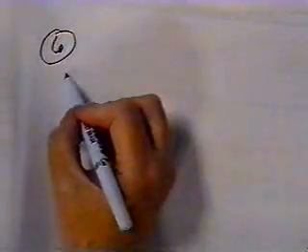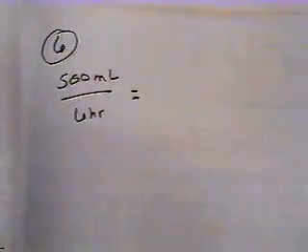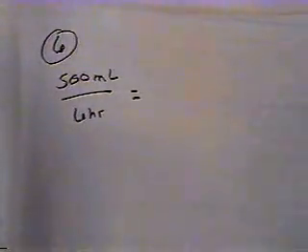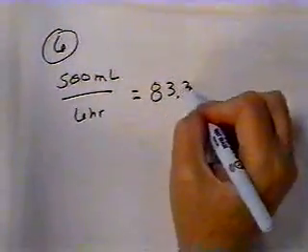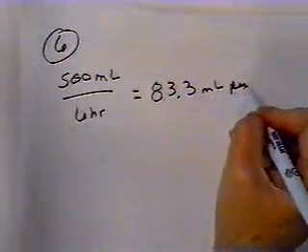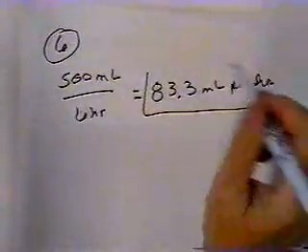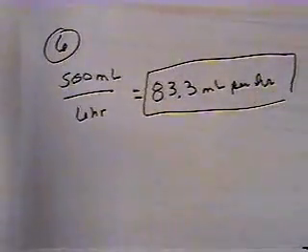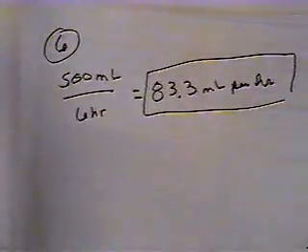Number 6 says 5% dextrose in water. This is labeled D5W, but that's just telling you what you're giving. This is just sugar water. 500 milliliters to be infused over the next 6 hours. So I have 500 milliliters over 6 hours. 83.3 milliliters per hour.